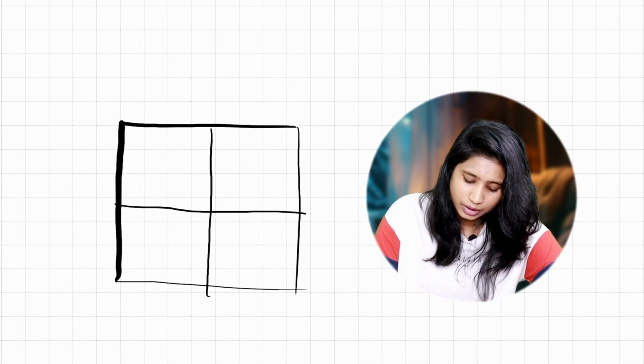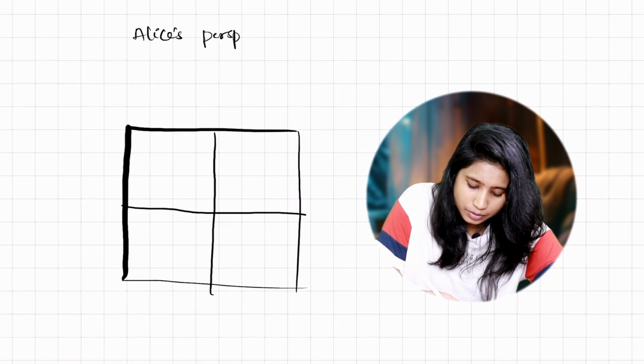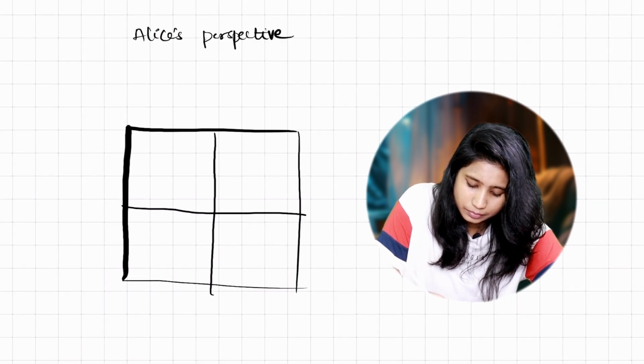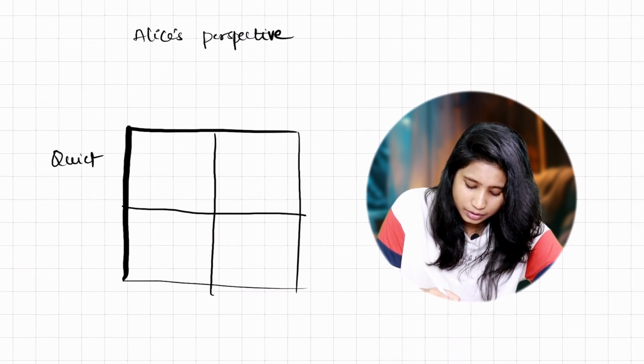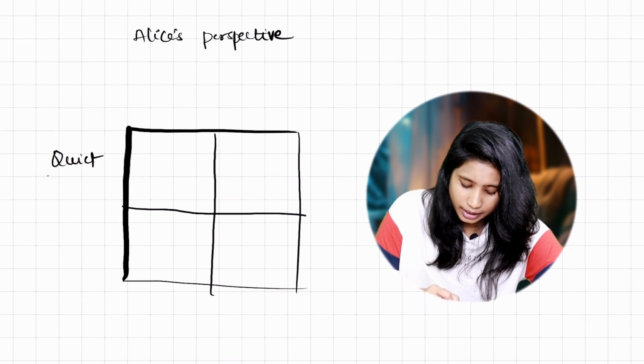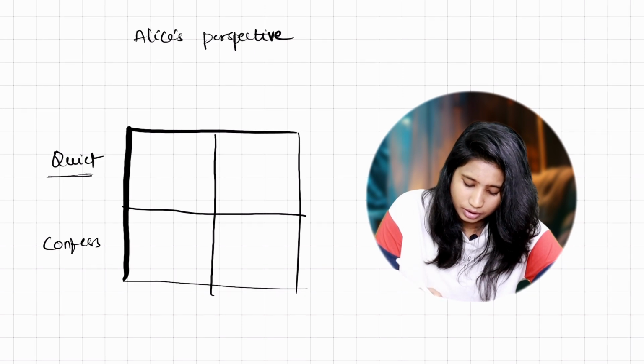So let us grab this 2x2 grid. Let me share my screen. Let us understand everything from Elise's perspective. So what if Elise is quiet? This is the case when Elise is quiet, and this is the case when Elise is confessing.